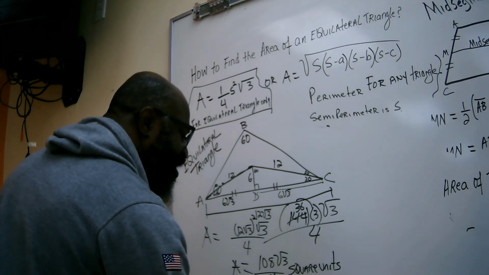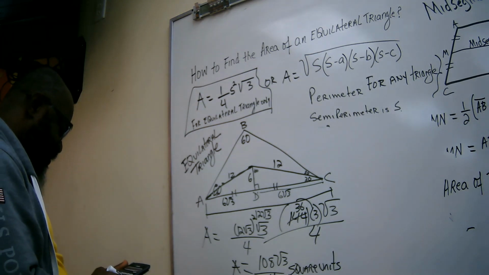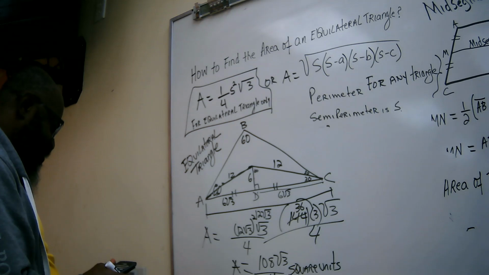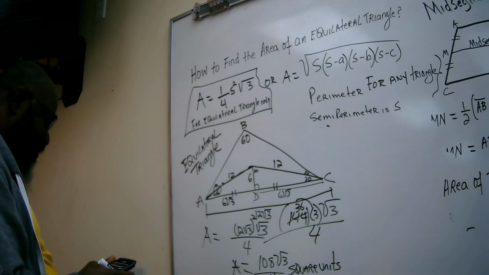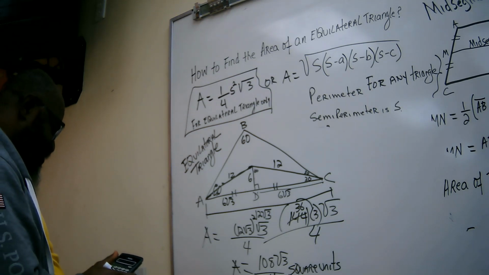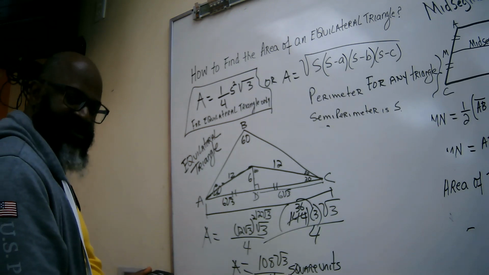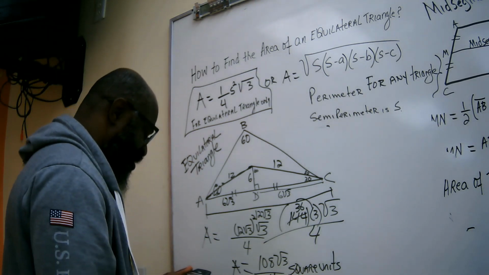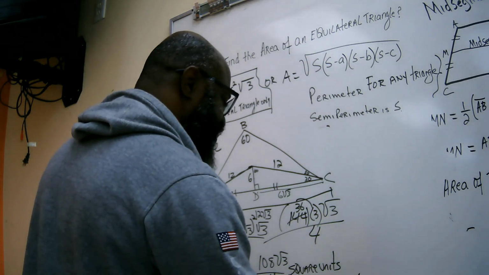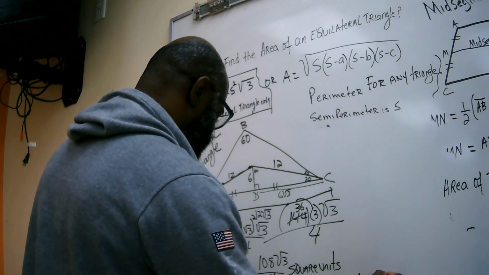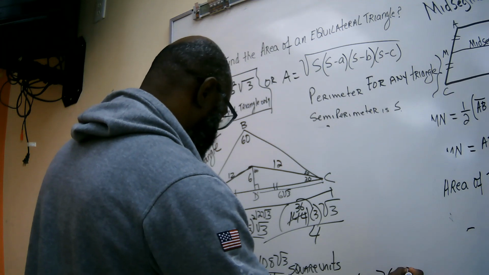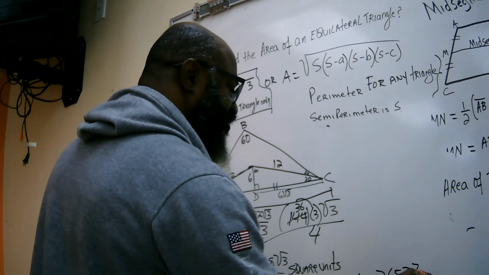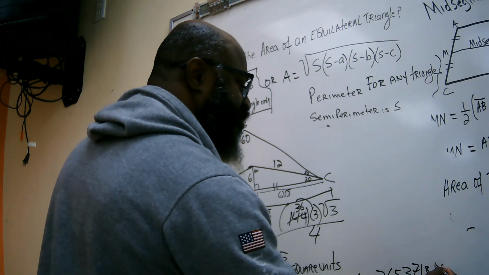So if you want to evaluate that, take the square root of 3 and multiply this by 27, and this will give you the area, which is 46.7653718 square units.